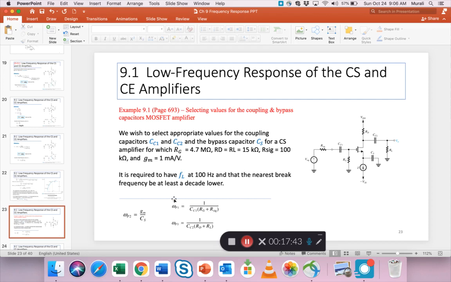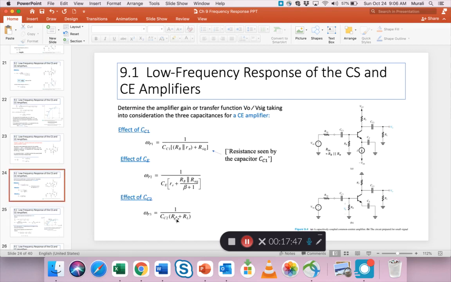I just showed them as part of the frequency formula. The same thing exists here too. We've got this formula, this formula, this formula for omega p1, omega p2, and omega p3, which then help you get to the CC1, CE, and CC2, right?